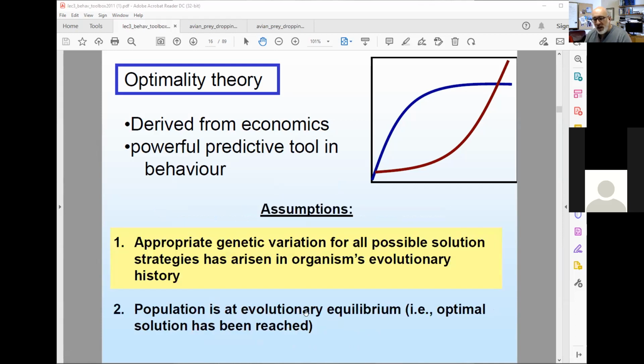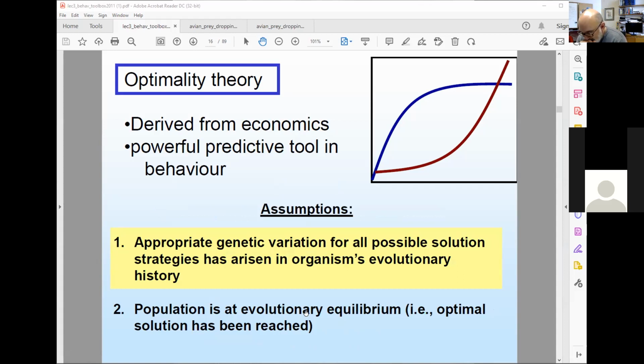Now, here are the underlying assumptions. And I've sort of alluded to these already. But the first assumption is that all possible strategies are available to the animal of interest.